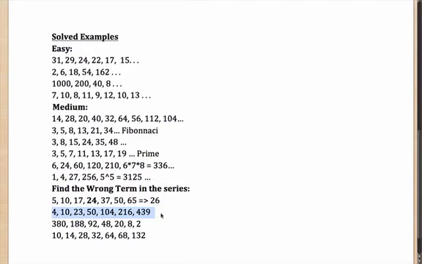Now, try and observe the pattern here: 4, 10, 23, 50, 104, 216 and 439. It's simply a game of observing the pattern. The pattern here, guys, in case you have not figured it out by now, is 4 into 2 double plus 2 is 10. 10 into 2 double is 20 plus 3. 23 double is 46 plus 4. So essentially you are just doubling the values and increasing them by 2, 3, 4 and so on.